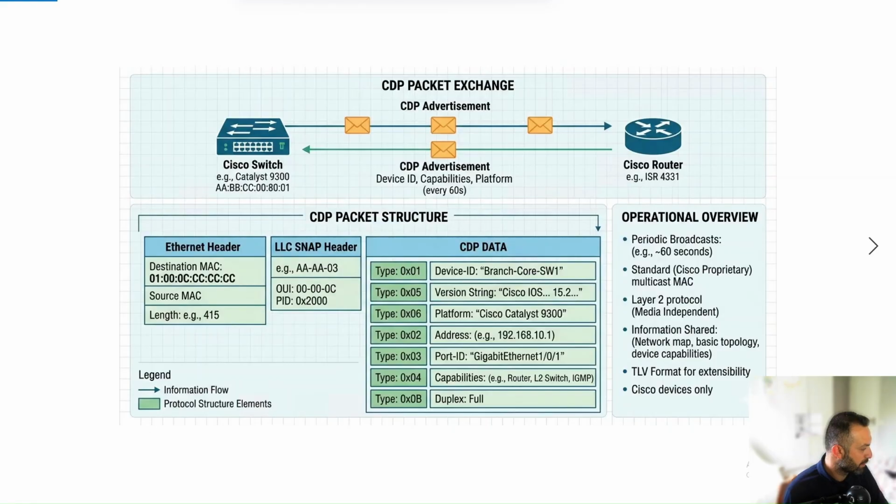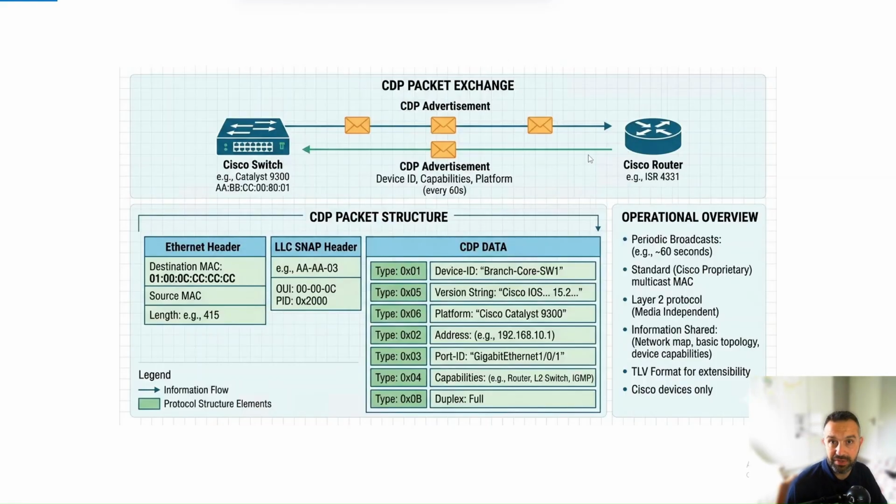So what is CDP? CDP stands for Cisco Discovery Protocol. It is a layer 2 protocol developed by Cisco that allows Cisco devices to advertise information about themselves to directly connected neighbors. As we can see here, this 9300 switch and this ISR router exchange CDP messages every 60 seconds.